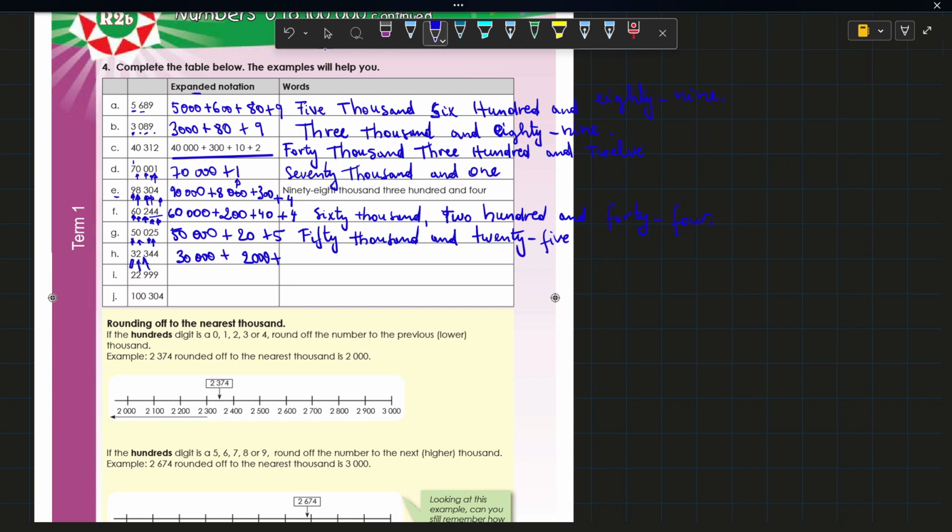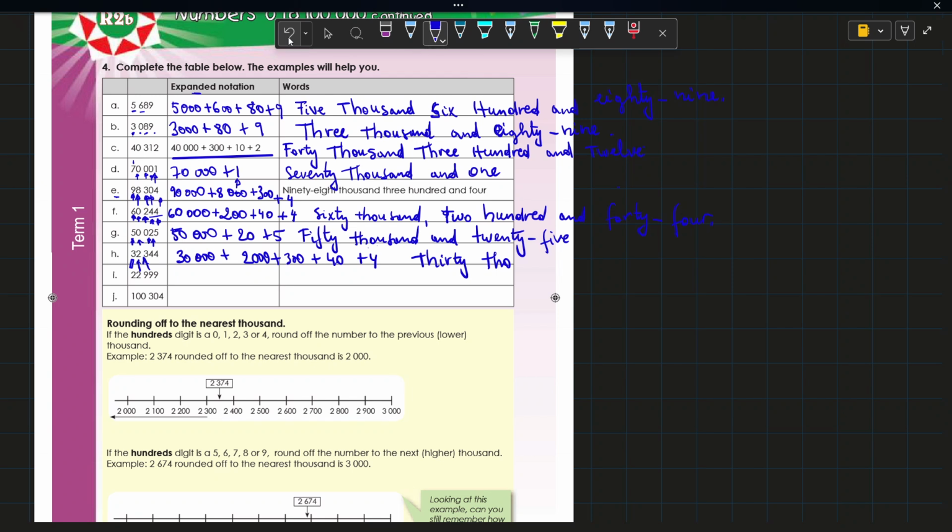We have 300 plus 40 plus 4. And in words, this one gives us 30,000. Should I say 30,000? Oh, I can combine. It's 32,000, right?